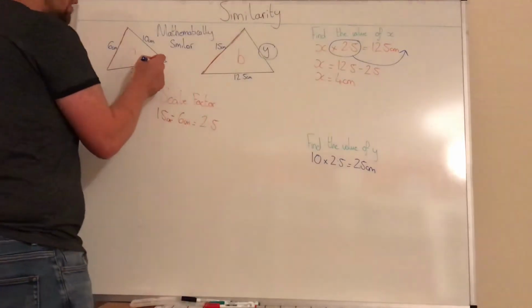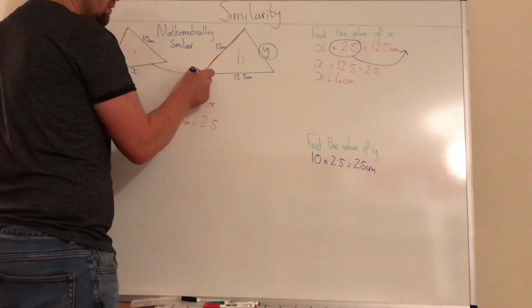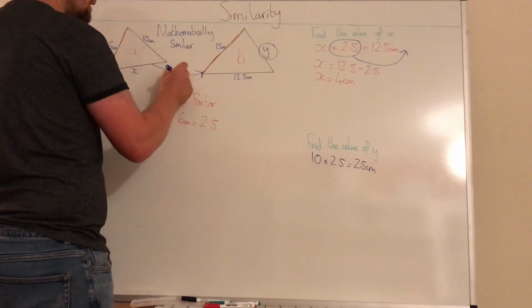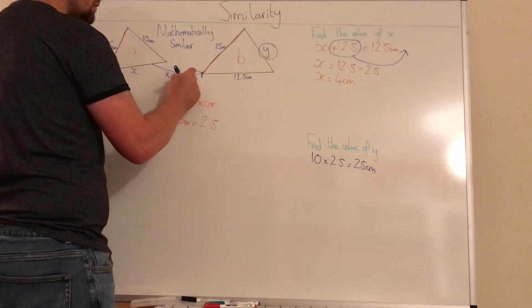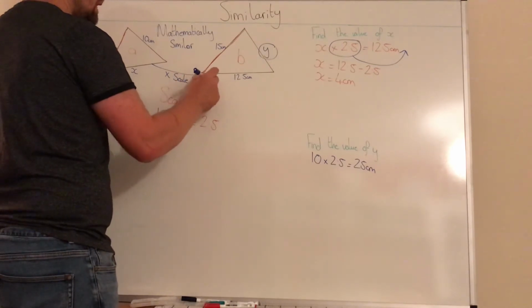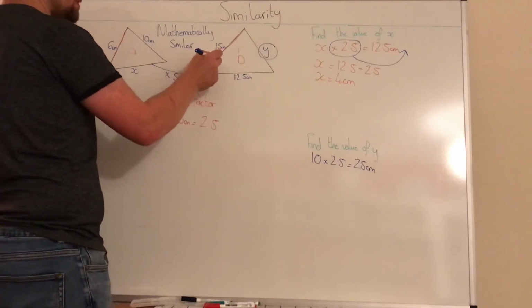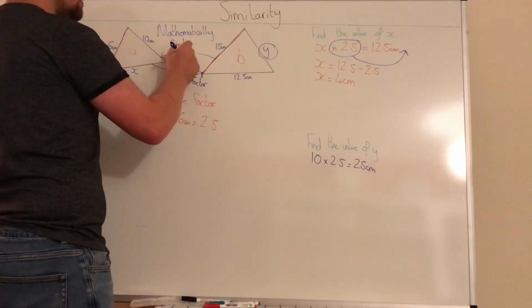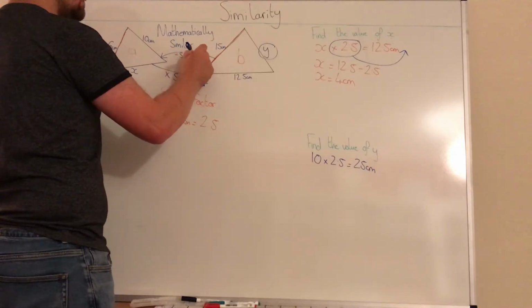If you're going from a smaller shape to a bigger shape, you are timesing by the scale factor. And if you're going from the bigger shape to the smaller shape, you are dividing by the scale factor. Key things to remember there.